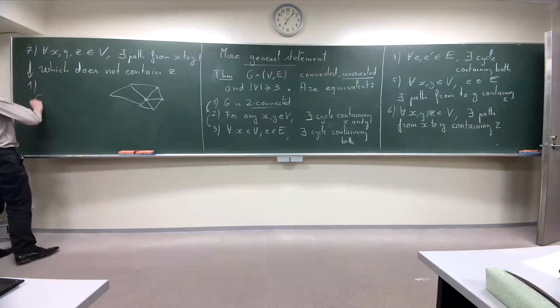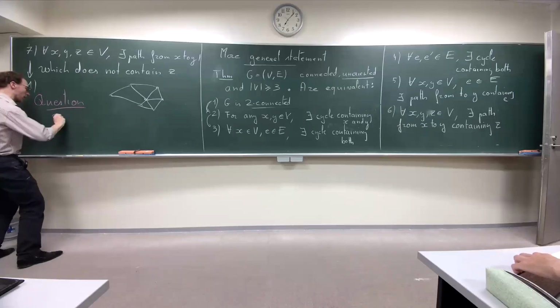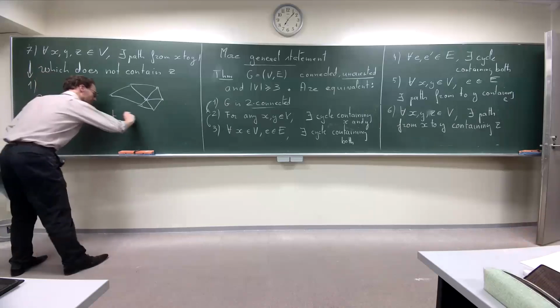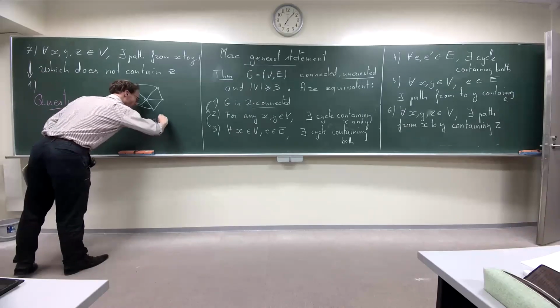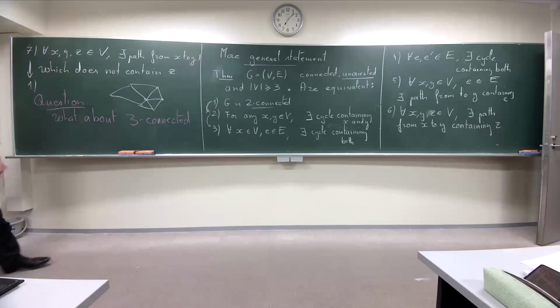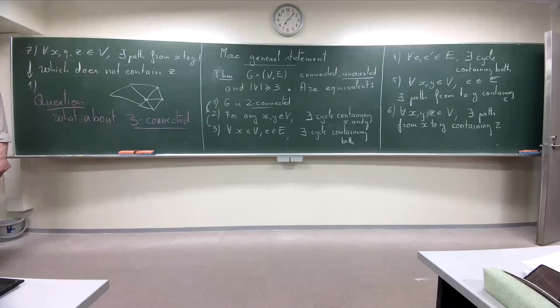Question? What about 3-connected? Which means you need to remove at least 3 vertices to make your graph disconnected. Do you have a similar statement? Let's start with V greater than or equal to 4.